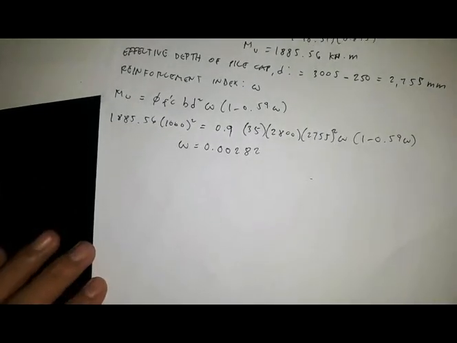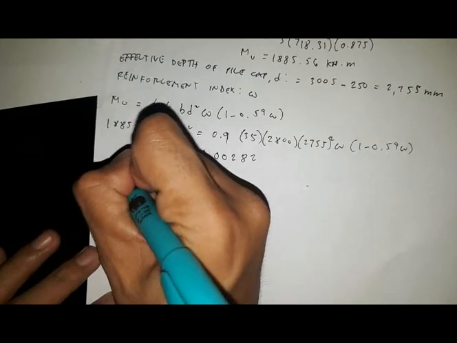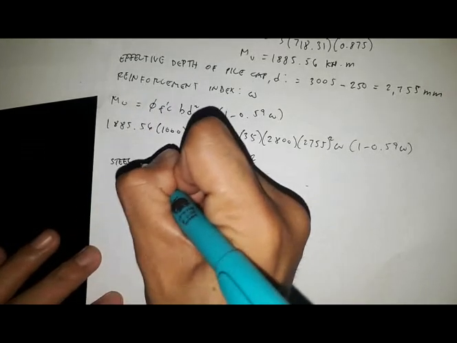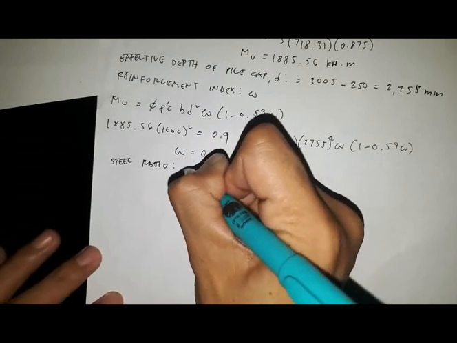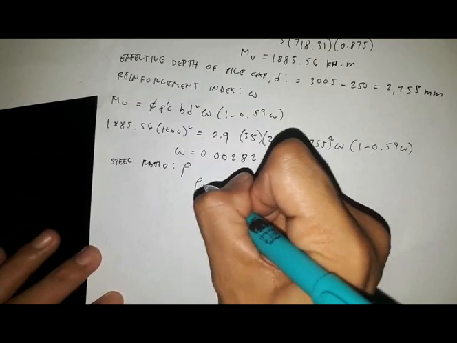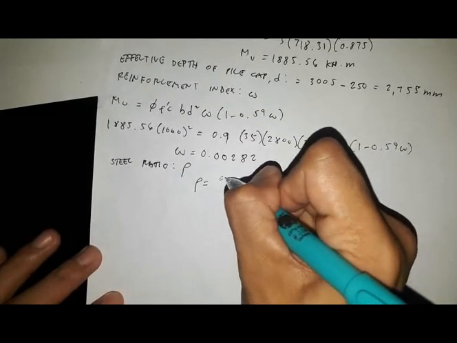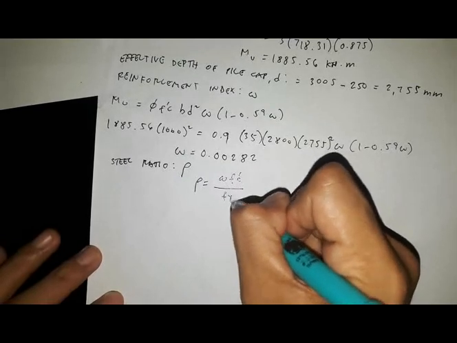Now, after finding the value of the reinforcement index, we can solve the steel ratio given by rho. So rho is equal to omega fc prime over fy.